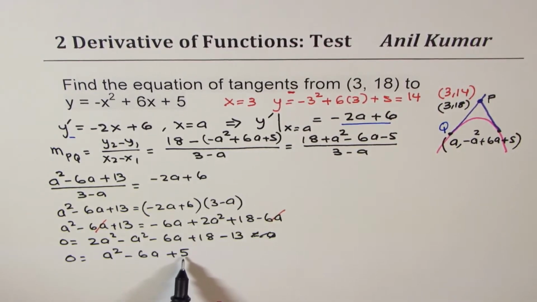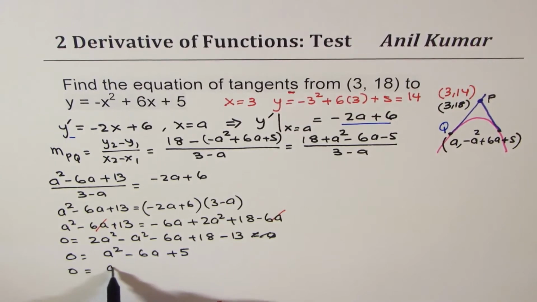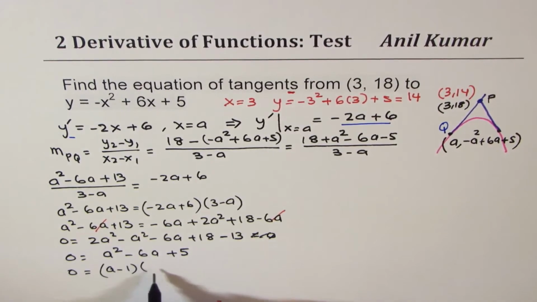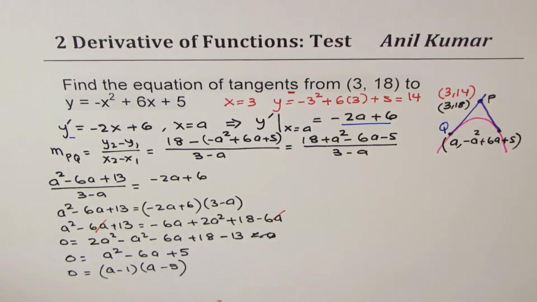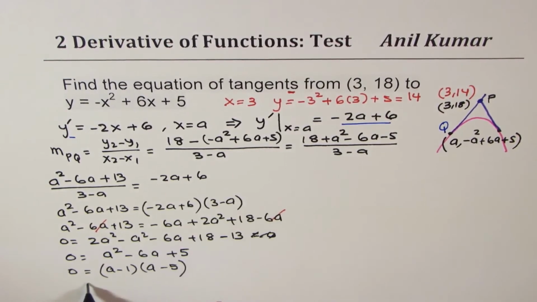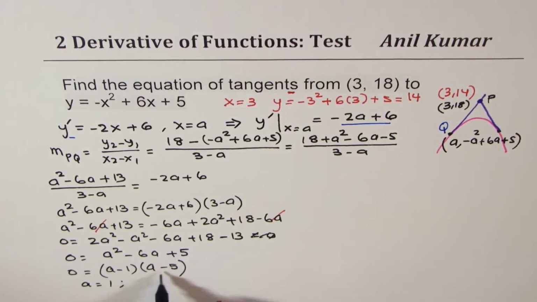Now product of 5, sum of minus 6, it could be minus 1 and minus 5. We could write this as a minus 1 times a minus 5. So you get a as 1 and 5. So you get the point a equals 1 or a equals 5, right?